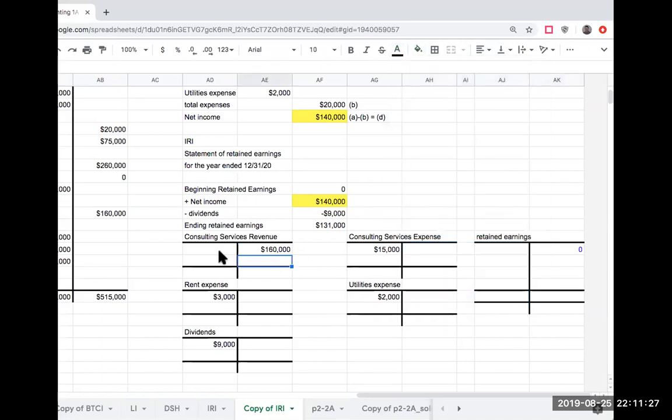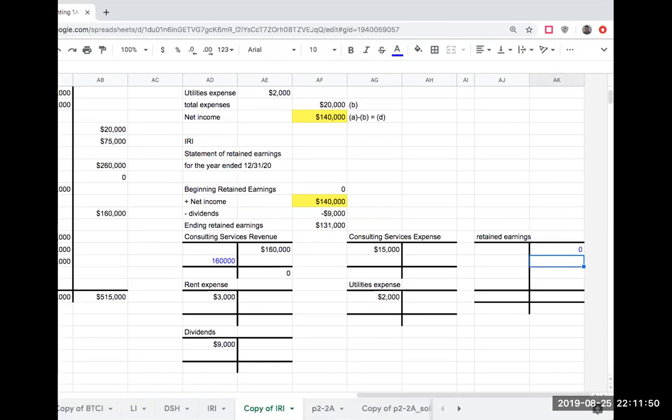Okay, so I need a debit here to 160,000. So for every debit, I need a credit. What account do I credit? If I'm debiting consulting services revenue to make it 0, what account do I credit? Retained earnings.